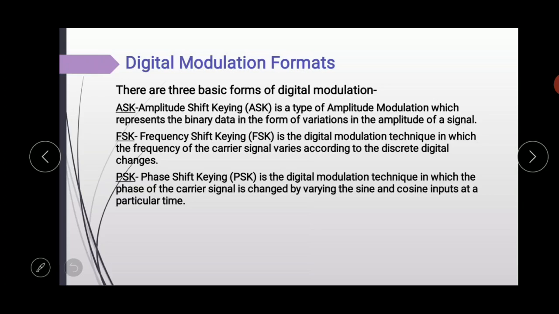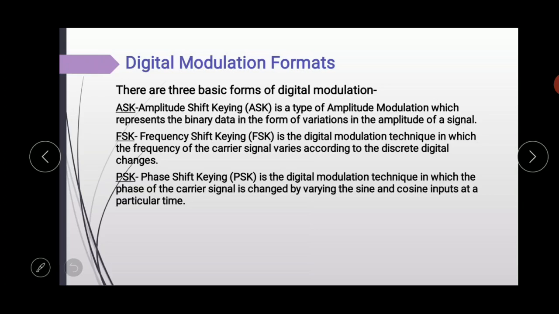The word bandpass is used since the range of frequencies does not start from 0 Hz. The range of frequency from 0 Hz is known as low pass signal and such channel is known as low pass channel.